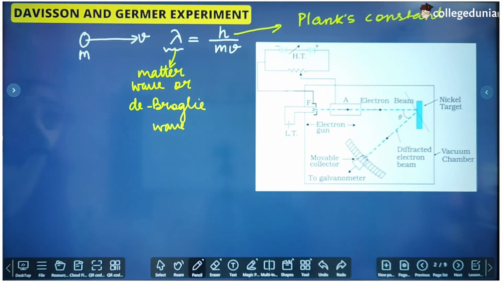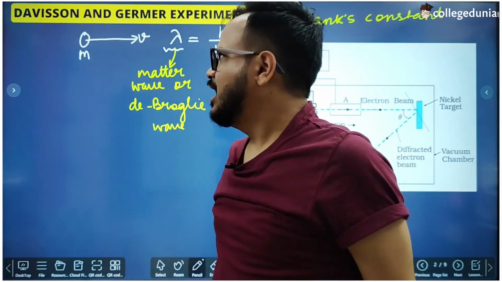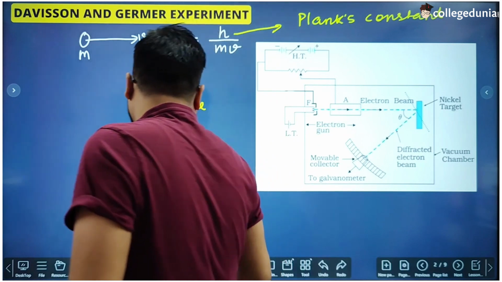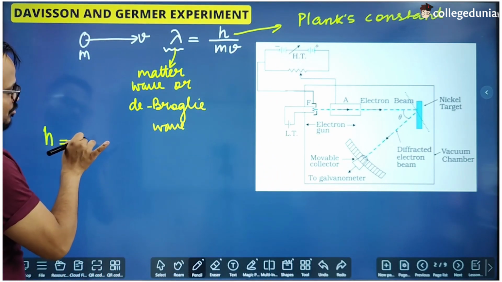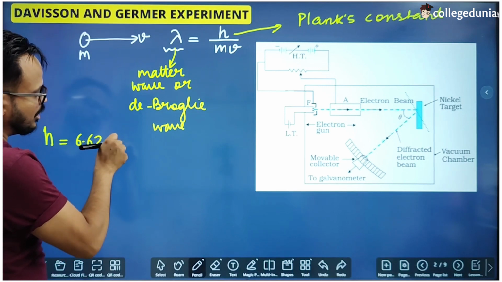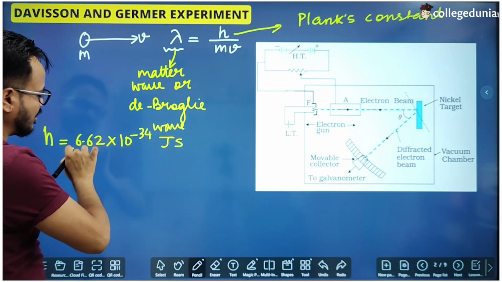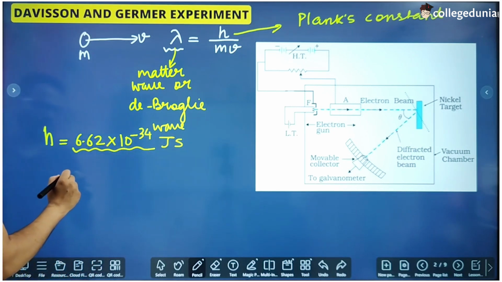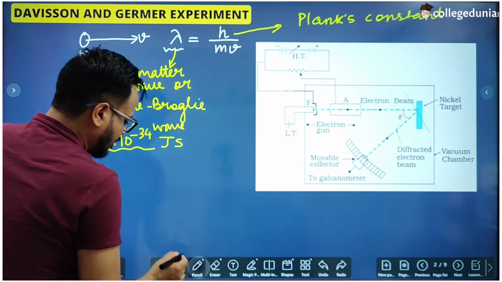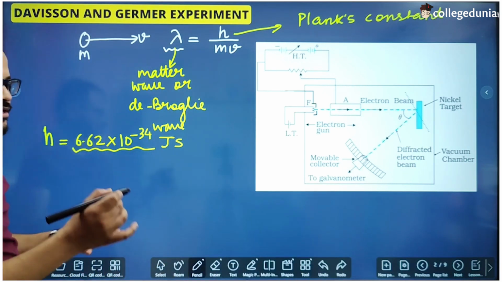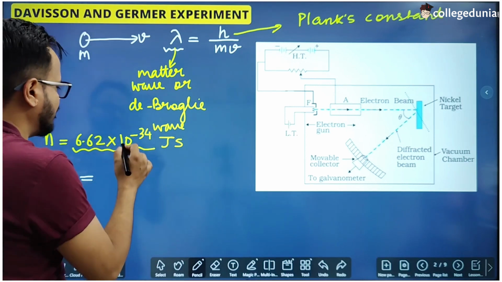But we all know that the wave nature associated with a ball cannot be observed simply because the value of h is very small. The value of h, that is Planck's constant, is 6.62 into 10 raised to power minus 34 joule second, and this value is very small. For example, suppose the mass of the ball is 500 gram, that is half kg, and the ball is moving with, let's say, 2 meter per second.